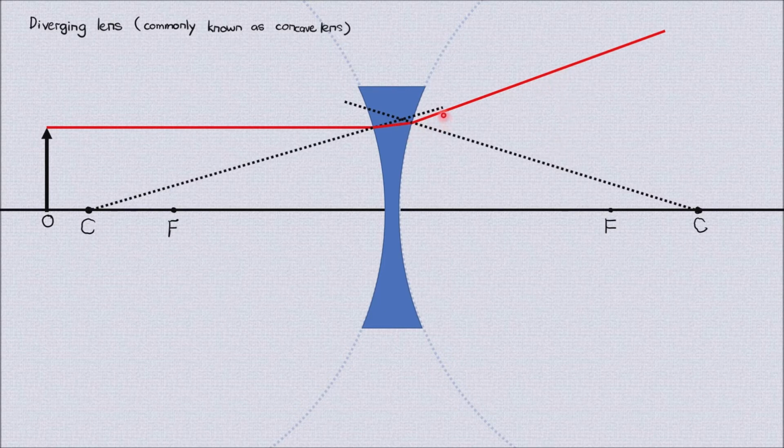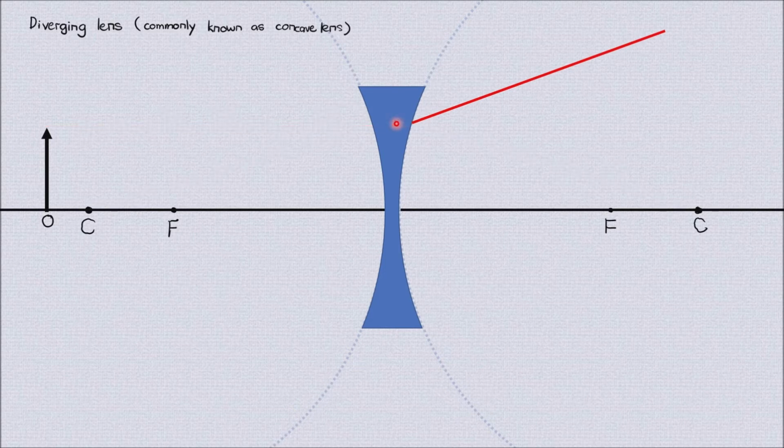So the angle of refraction will be larger compared to the angle of incidence. This is what we determine for a light ray that passes through the lens while parallel to the optic axis. We leave the refracted ray here because I want to draw the other rays and I don't want things to be too messy in the whole diagram. I just keep the refracted ray here for later.